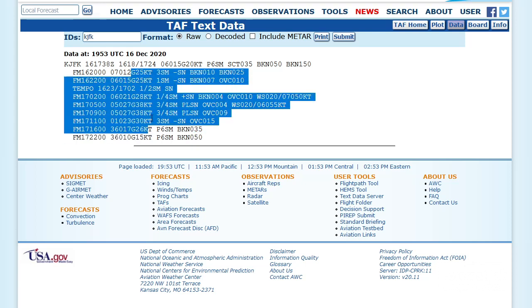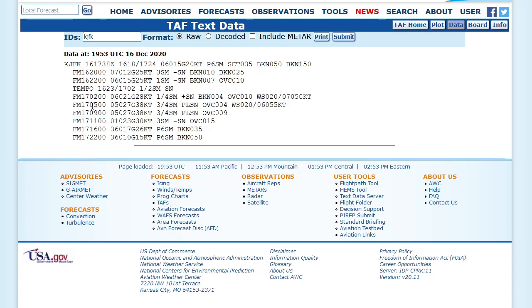And we can see here the highest gust they're expecting is 38 knots. That's going to be from about 5 to 9 Z, which is going to be around midnight to about 2 in the morning. And then some of the heaviest precip is found right there. You can see 1/4 of a mile in heavy snow, winds gusting to 28 knots, and that's going to take place around 9 p.m. to midnight.